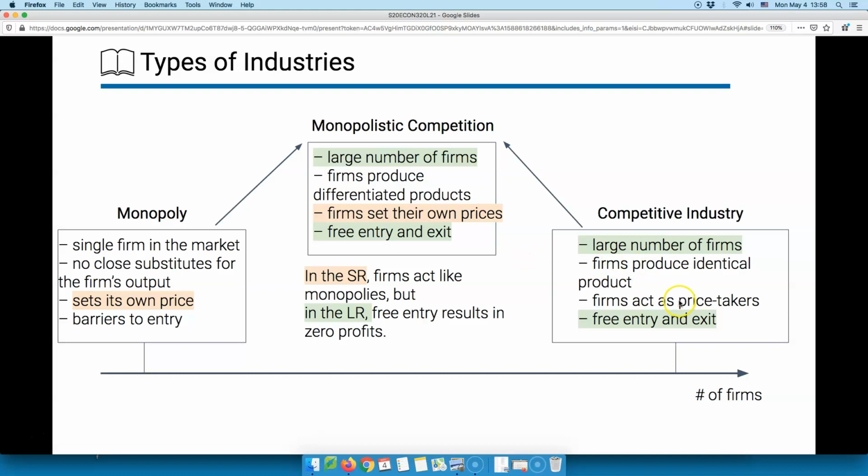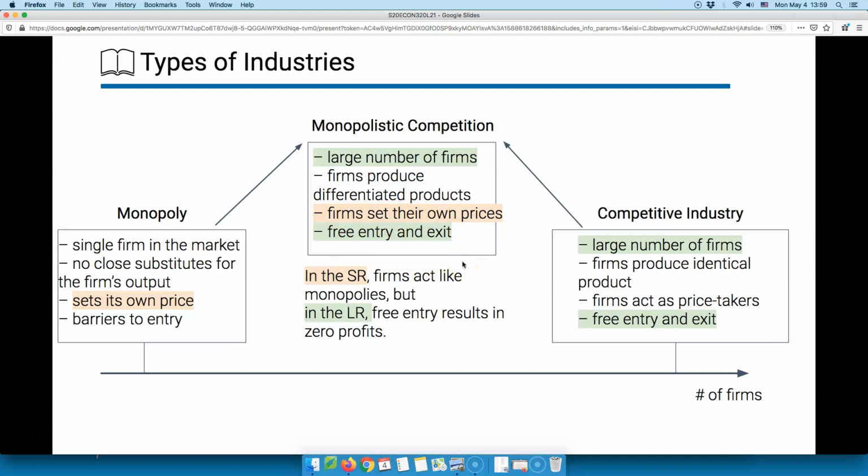But in both cases, in the case of Uber or in the case of Airbnb, there's free entry and exit. Well, probably it's not exactly free, but the barriers to entry are very low. If you have your own car, you can register and be a driver. If you have an apartment, you can potentially register and rent it out whenever you're not residing in it.